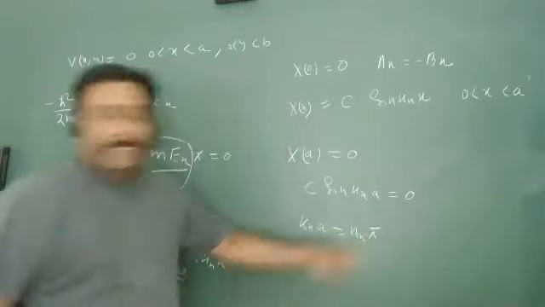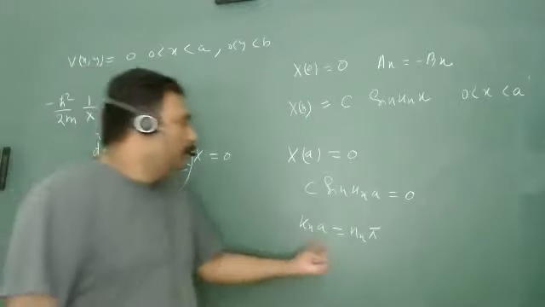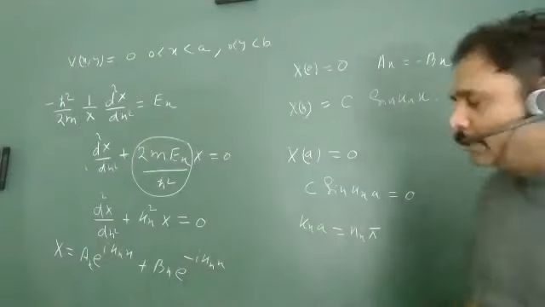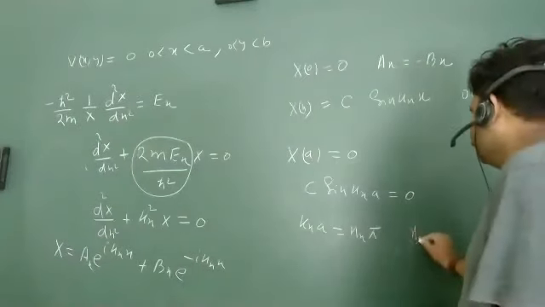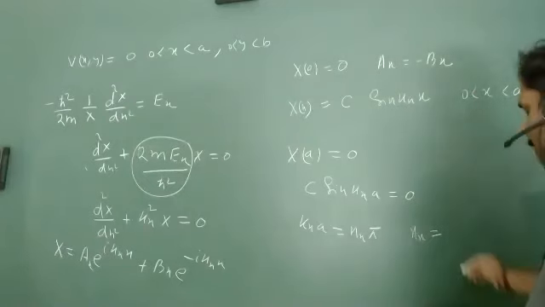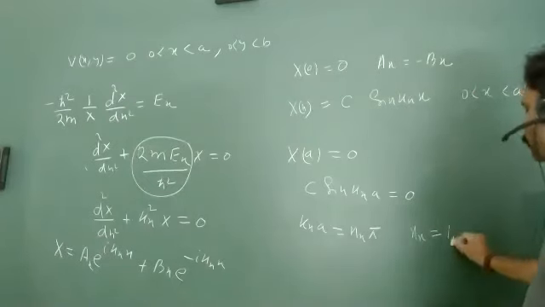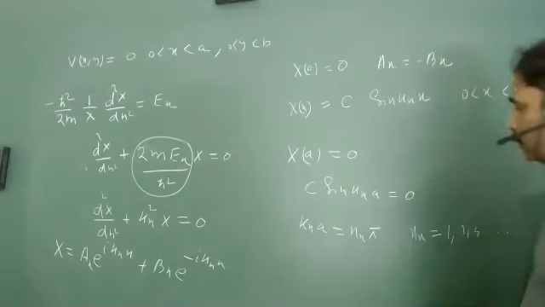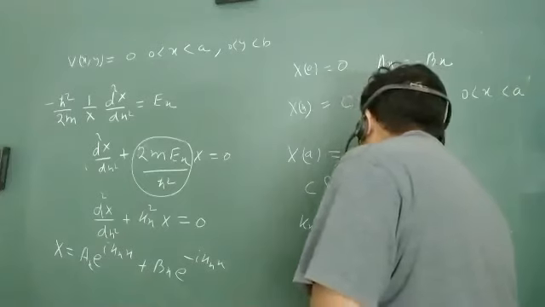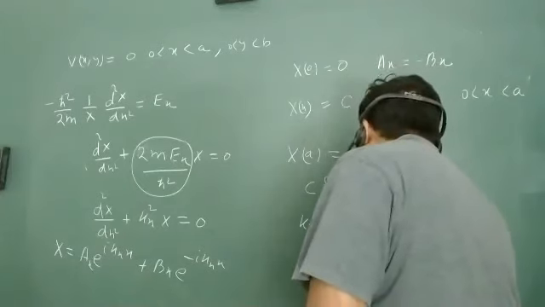Here I am using nx because you have one degree of freedom, and that degree of freedom is associated with one quantum number, so you have to write a different quantum number. So what is the value of nx? Can anybody tell me? 1, 2, 3, 4, and so on. Not 0. 0 is not allowed. So kx is equal to nx pi upon a.